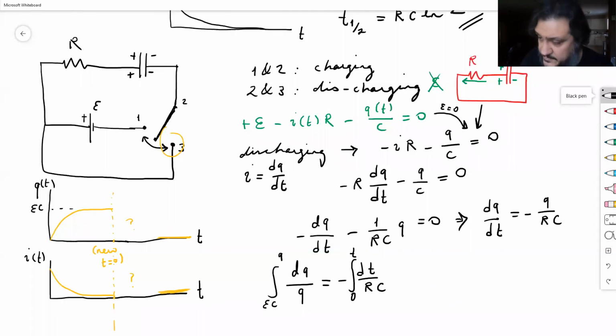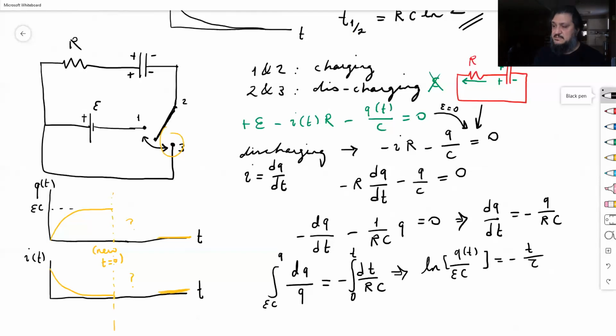Okay, so if you evaluate this integral, you'll get natural logarithm of Q over EC, Q of T, right? It's a function of time, is equal to negative T over RC, or instead of RC, you could write tau, the time constant, remember?